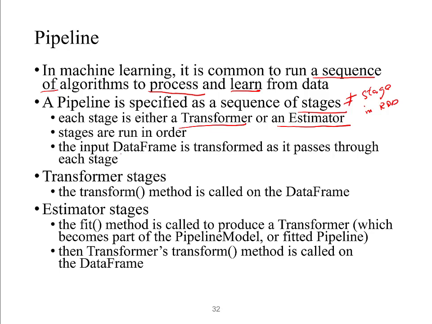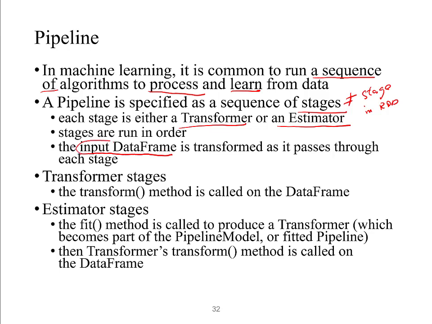And the input data frame is transformed as it passes through each stage. The very important thing is that the input of a pipeline has to be a data frame. In that way, the PySpark machine learning library has a strong connection with PySpark SQL through this data frame.